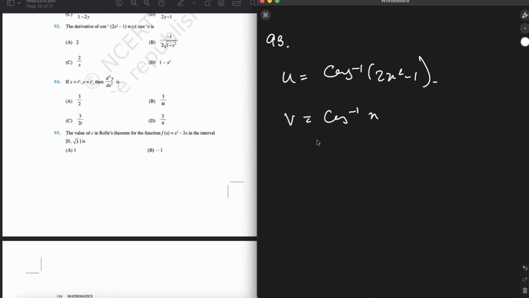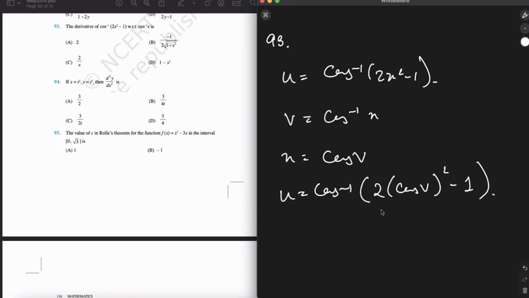One method is that, and can you do anything else? See, there is x inside over here, so I can write x is equal to cos v, and then u and v will be all that I'll be left with. So 2 times cos v whole square minus 1. It is getting simpler for us.